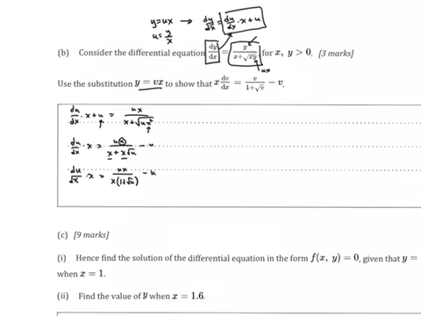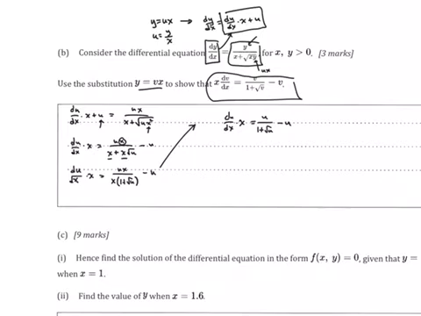I'm leaving this u out here for just a moment. And then I'm going to reduce out the x. So du/dx times x is equal to u over 1 plus root u, minus u. And I believe that's where we wanted to be. Yeah, there it is. Okay, cool.